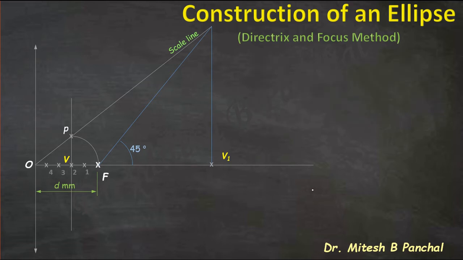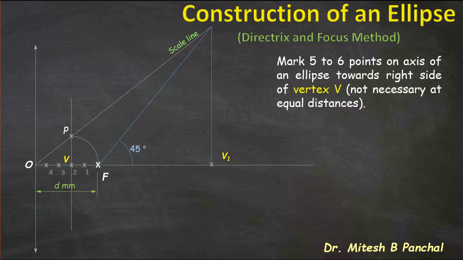In the next step, mark at least 5 to 6 points on the axis of the ellipse towards the right side of vertex V. In this particular direction, towards the right side of vertex V, we have to mark 5 to 6 points on the axis. Note that it is not necessary to mark them at equal distance.